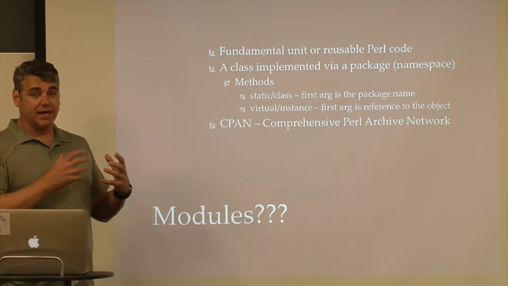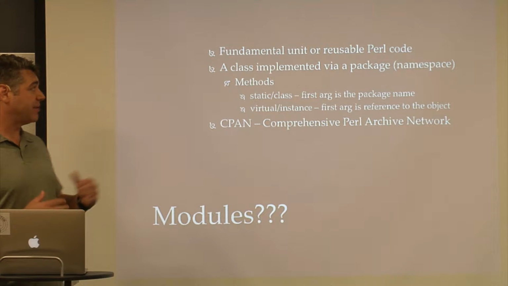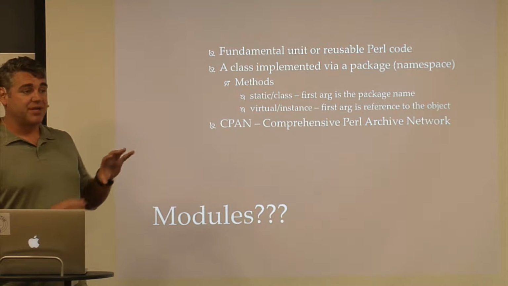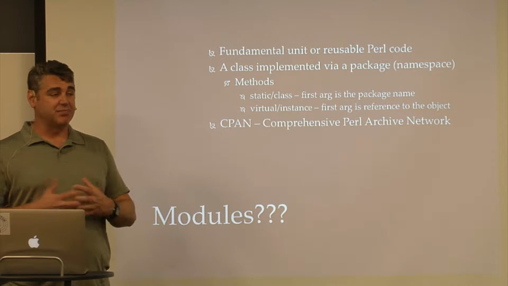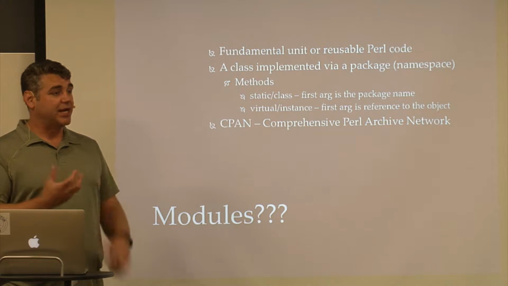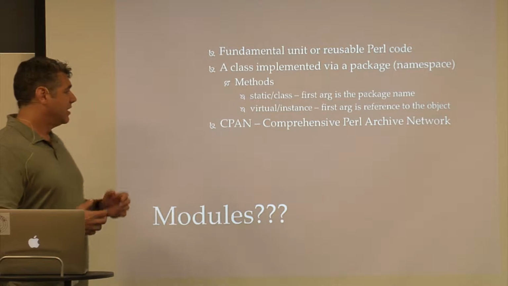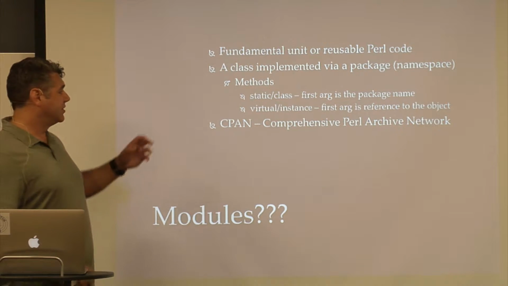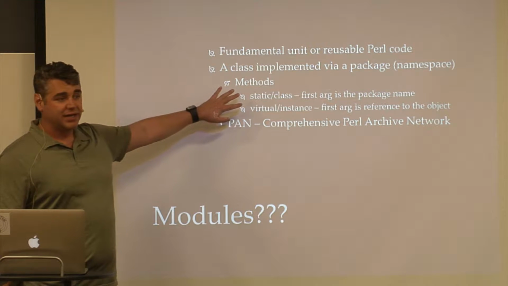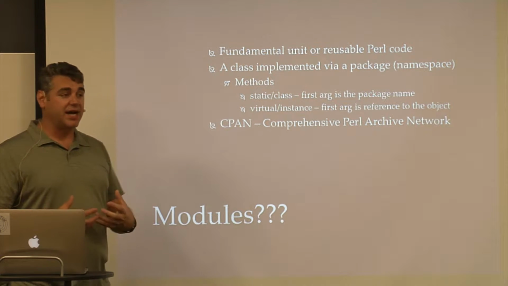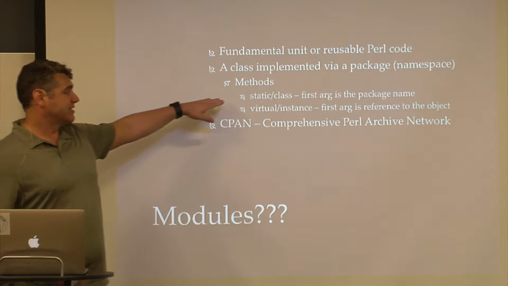A class is not just a package. You can have a package without it ever being a class. A class is based upon a blessed data structure. The ability to bless it gives you two ways of calling methods inside of this class. The first one is like a static.